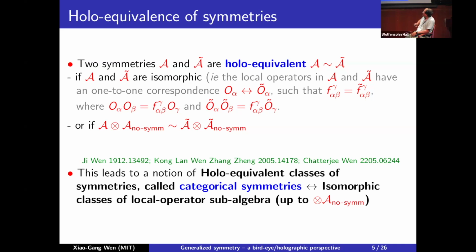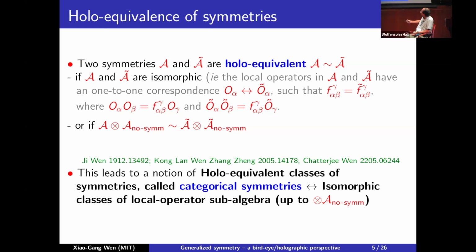But certainly here we probably need to go a little beyond algebra isomorphism. If the symmetry is a subalgebra tensor product with another algebra with no symmetry, that is, the algebra of all local operators, we should have the same symmetry. So this relation also defines an equivalence.